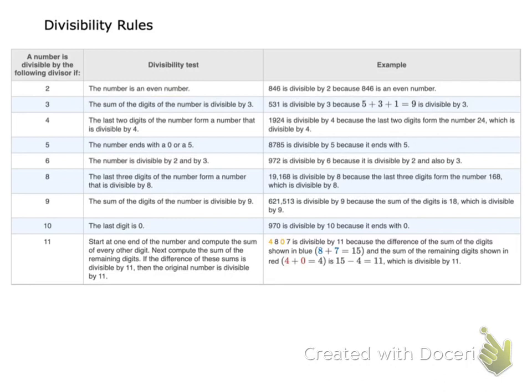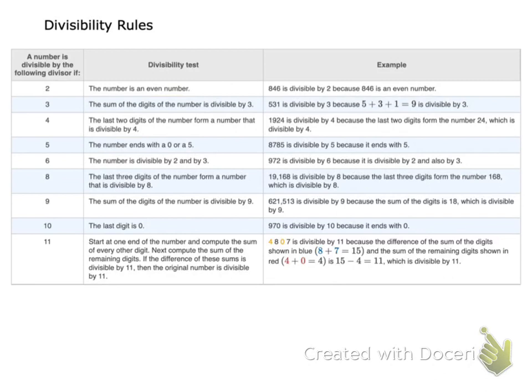It's not as straightforward, but they can be helpful with some larger numbers. And then the 11 one is interesting as well. So what the 11 divisibility rule says is that you start with the first digit and you add every other digit, and you keep that sum, and then you add the opposite alternating digits, and you keep that sum, and you subtract the two sums.